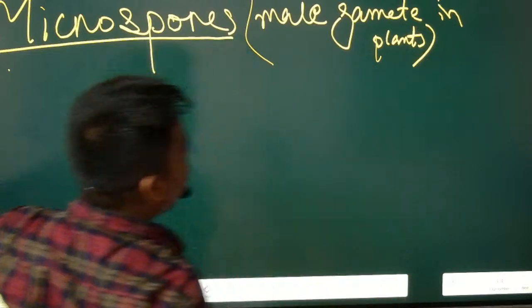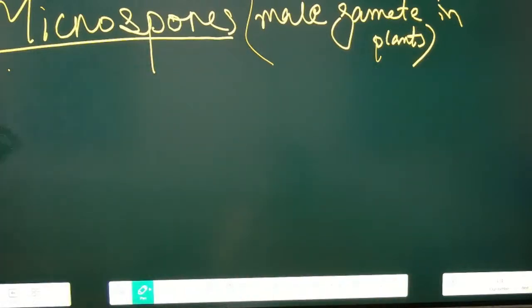Remember one thing, there are 2 types of gamete, male and female. Always the male gamete is very small compared to the female gamete. That is why in plants both the gametes are sometimes called spores.